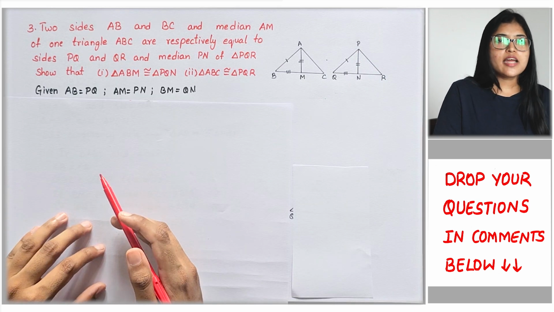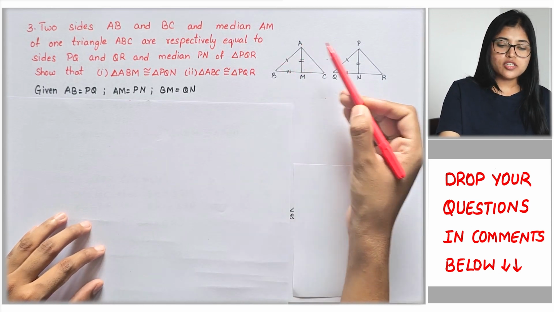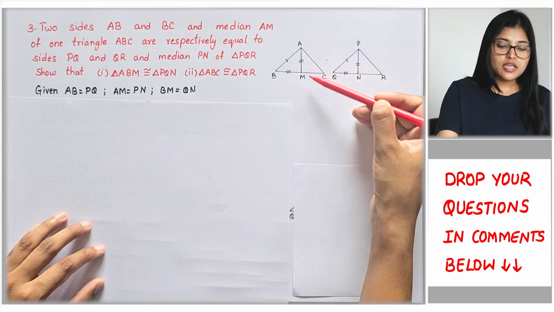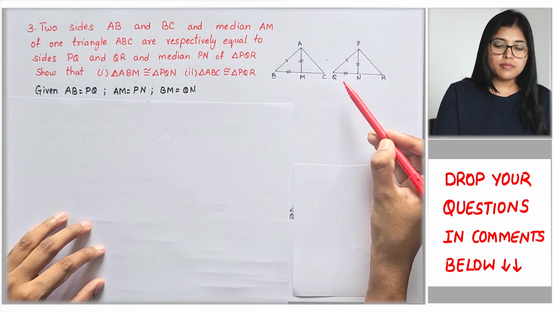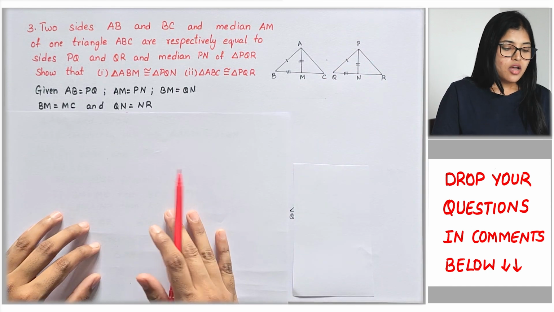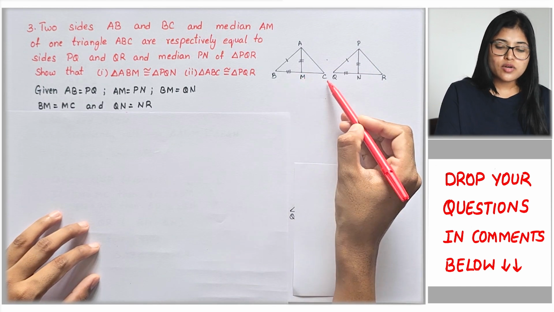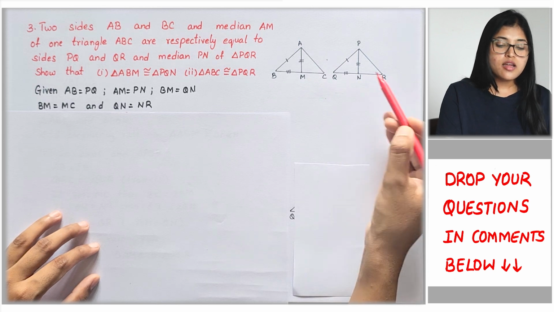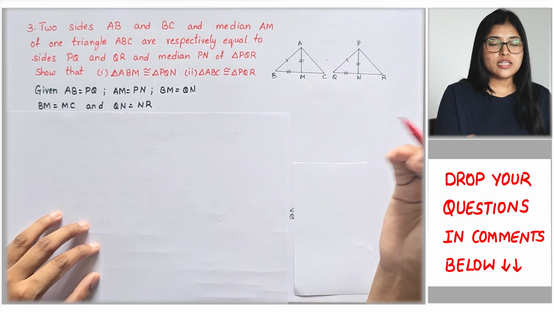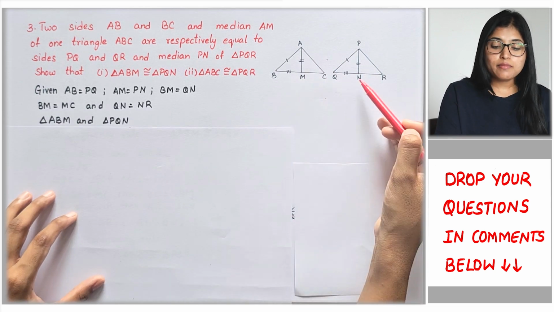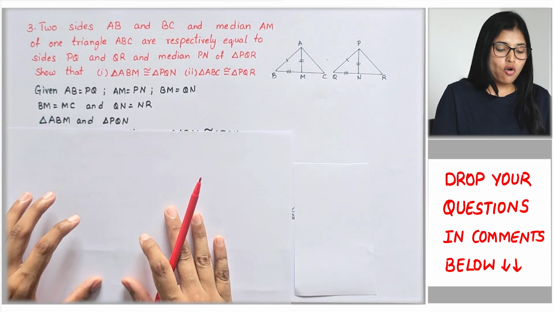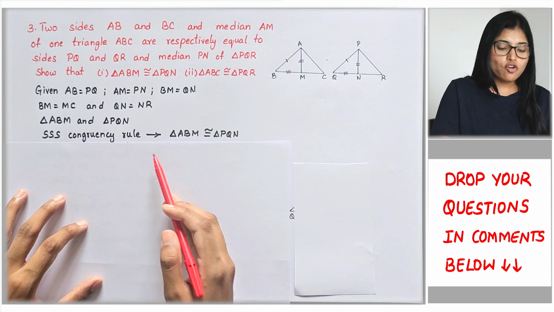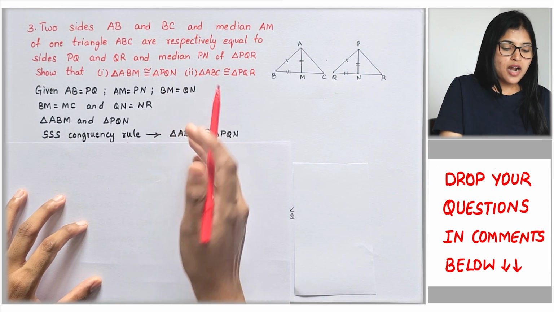So first let's write down the given information. AB equals PQ, AM equals PN and BM equals QN. Now I also know that BM equals MC and QN equals NR because AM and PN are the medians. So I can say that triangle ABM and triangle PQN are congruent from the side congruency rule. So the first part is proven.